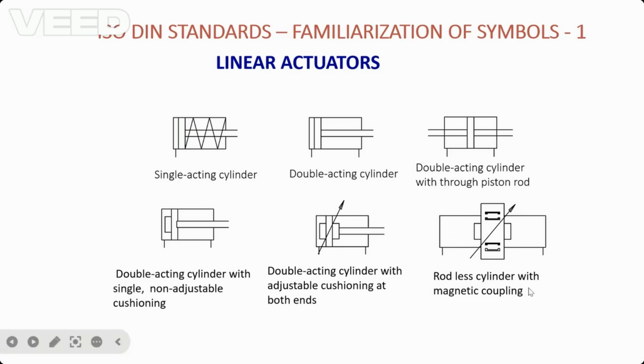This is a kind of rodless cylinder with magnetic coupling. So there will be no piston rod emerging or protruding out of the cylinder, but they will be placing a magnetic part on the cylinder. So these are the types of cylinders or linear actuators which are commonly used in pneumatics in industries.